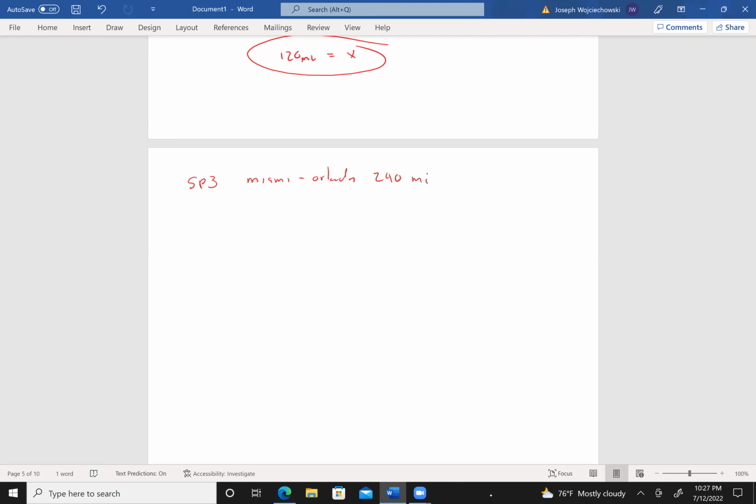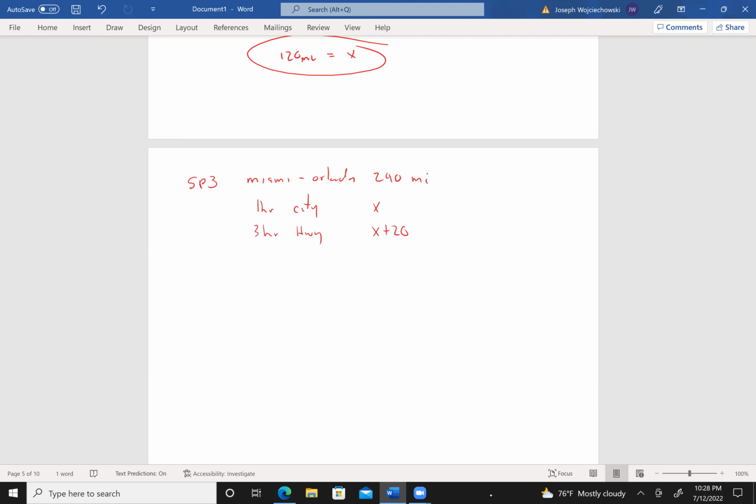He drove 1 hour in city traffic and 3 hours on the highway. If his average speed on the highway was 20 miles faster, so if his speed in the city is X, speed on the highway is X plus 20, determine his average speed driving in the city and his average speed driving on the highway.